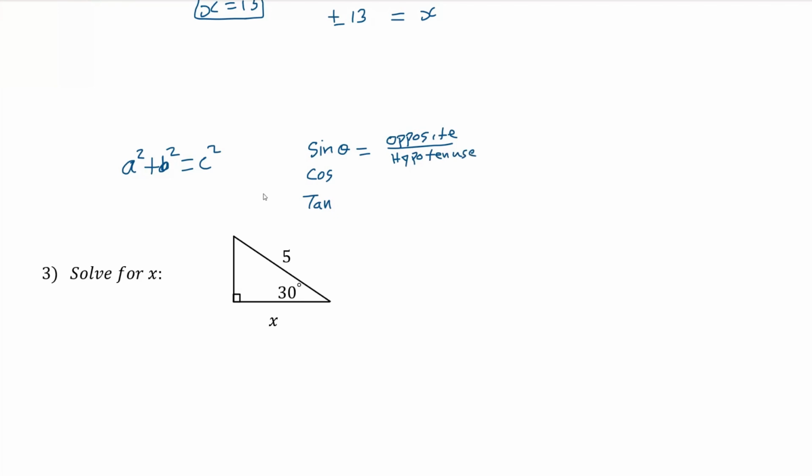Right? And then cosine of the angle, so whichever the angle is, in our case is 30. So we're going to decide which one of these functions to use. I'm just listing all three. Cosine is adjacent over hypotenuse.